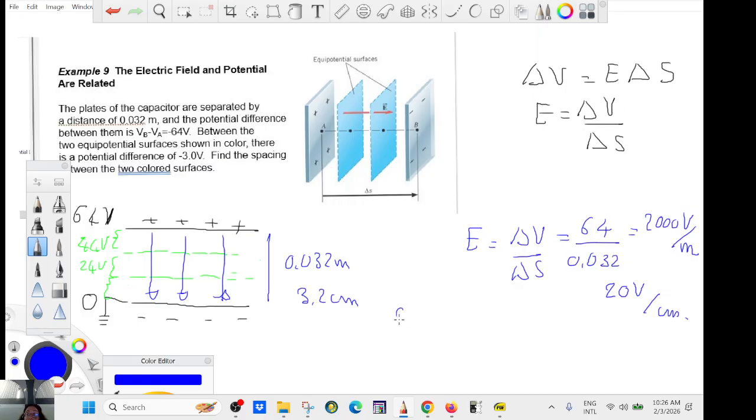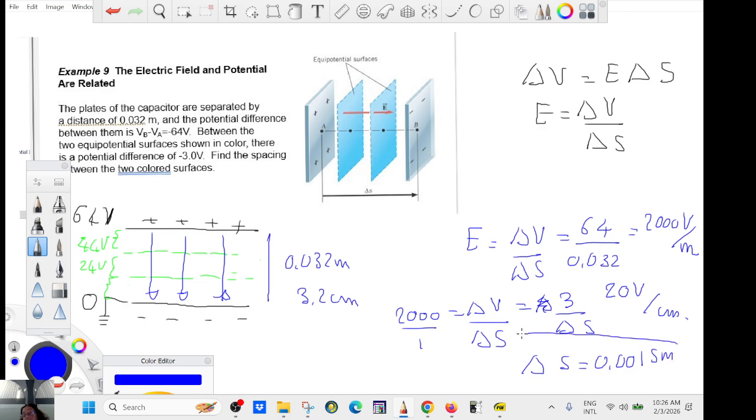The electric field is 2000 equals delta V over delta S. So delta V, which is 3, over delta S. Is that clear? And you find delta S equals 0.0015 meters.